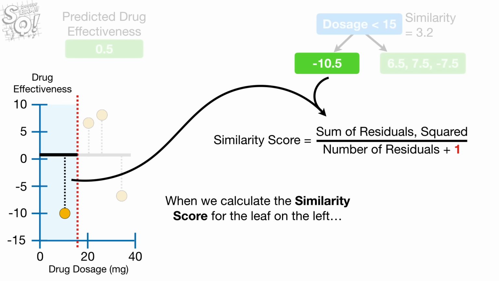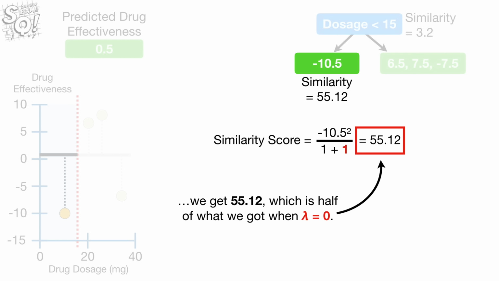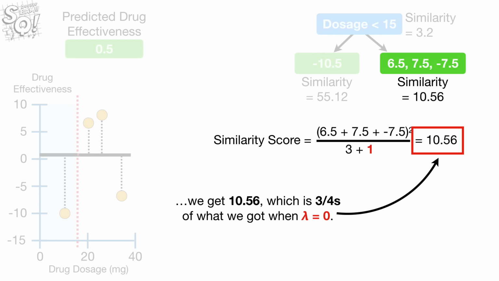When we calculate the similarity score for the leaf on the left, we get 55.12, which is half of what we got when lambda equals 0. And when we calculate the similarity score for the leaf on the right, we get 10.56, which is 3/4 of what we got when lambda equals 0.